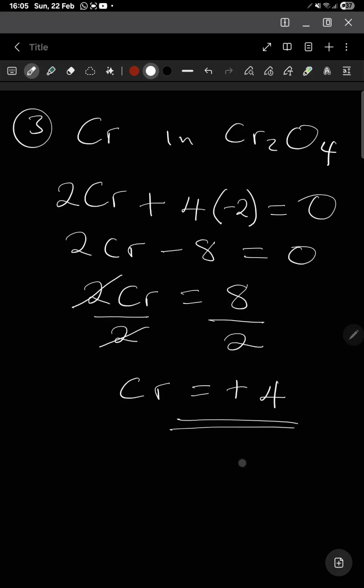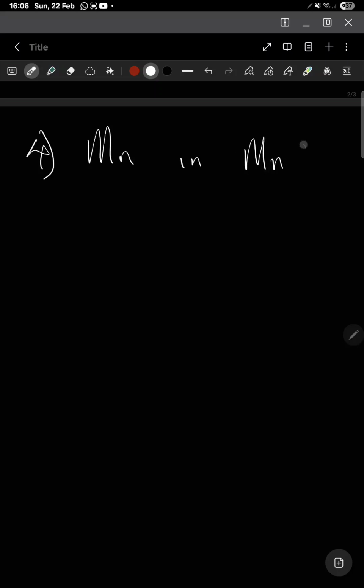All right, to do our final example, example number 4, we are going to calculate the oxidation number of Mn, that is manganese, in MnO4 2 negative.